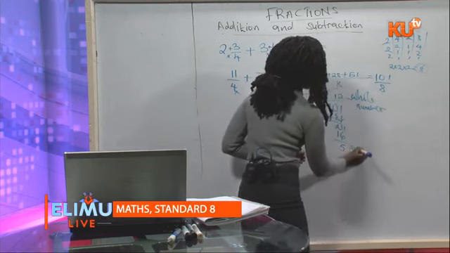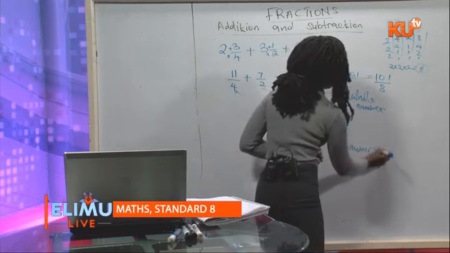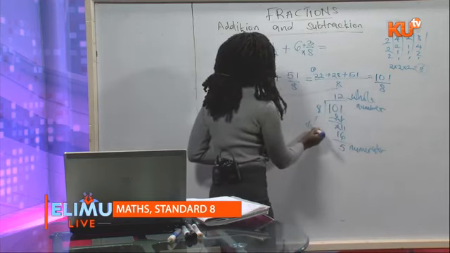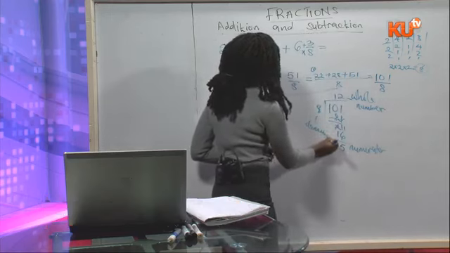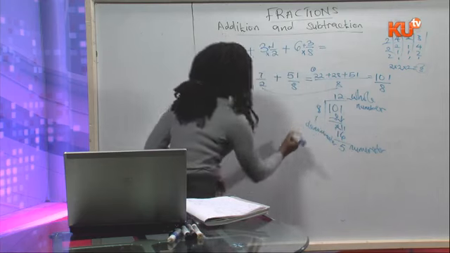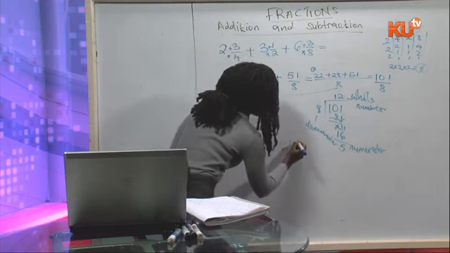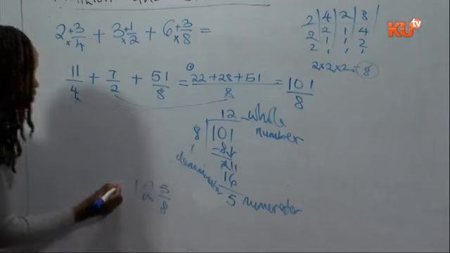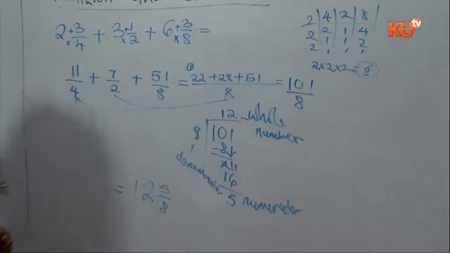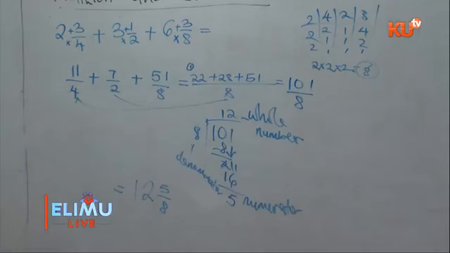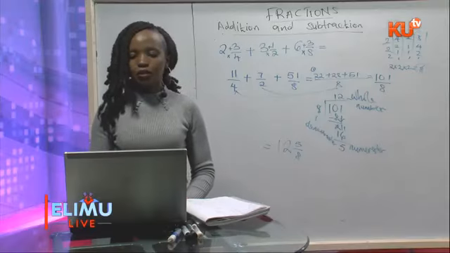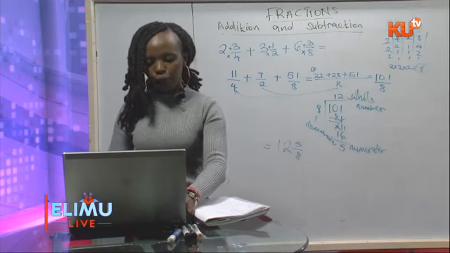This is going to be our numerator, and this is going to be our denominator. So when I'm entering my answer, I'm going to take 12, then 5 over 8. That is going to be our answer. That is example number 3, and I hope you are following.